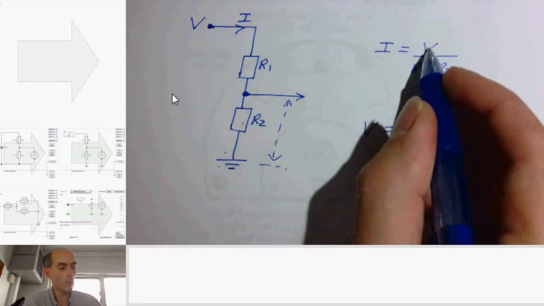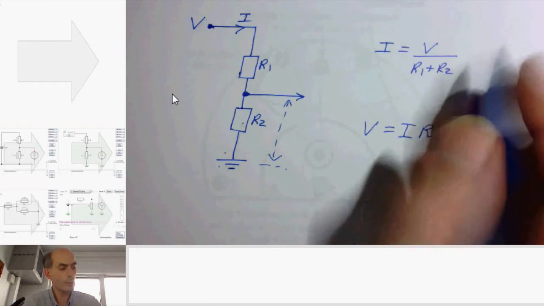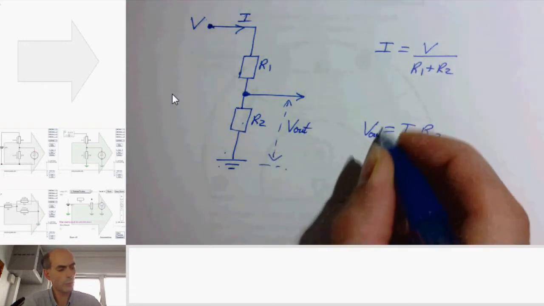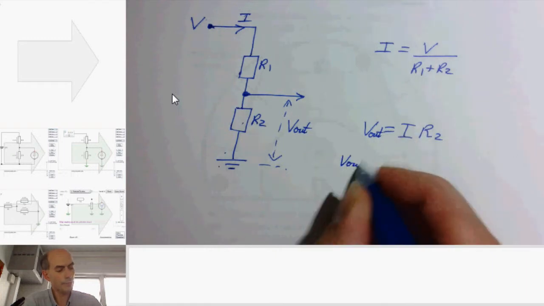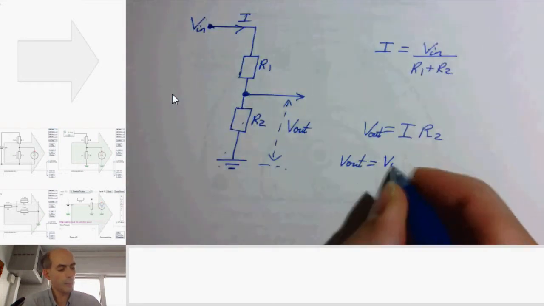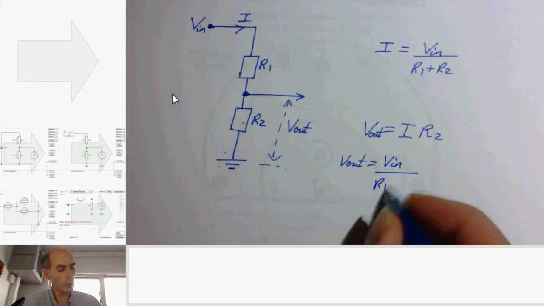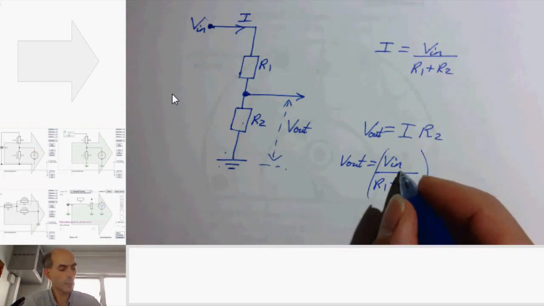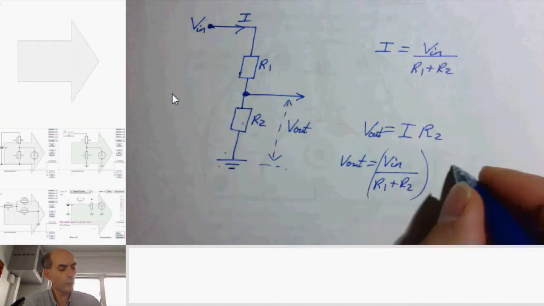I is V over R1 plus R2, therefore I'll call this V out. Should have done that to avoid confusion. Then V out is V, I could call it V in, is V in over R1 plus R2, that's just the current flowing, times the resistance R2.